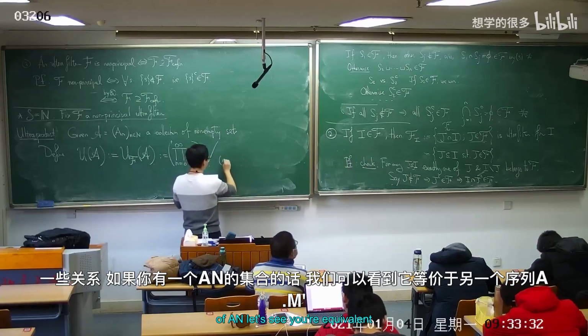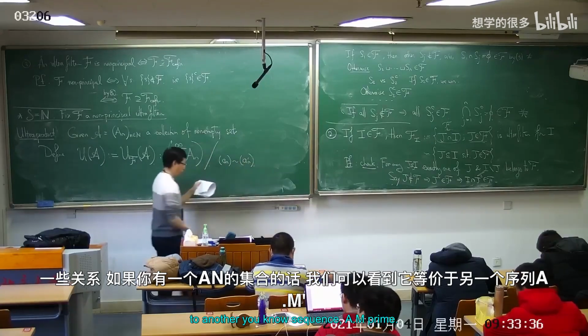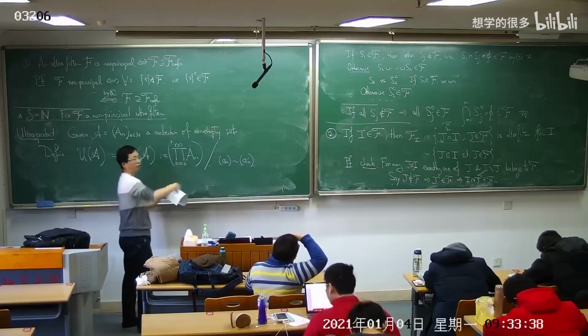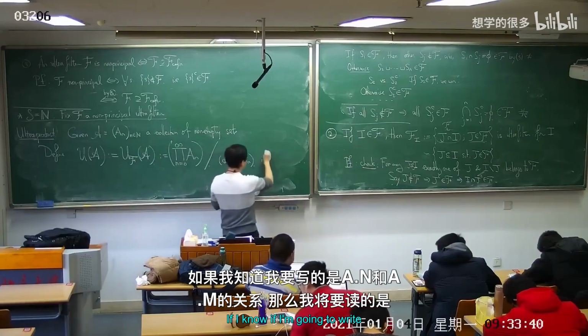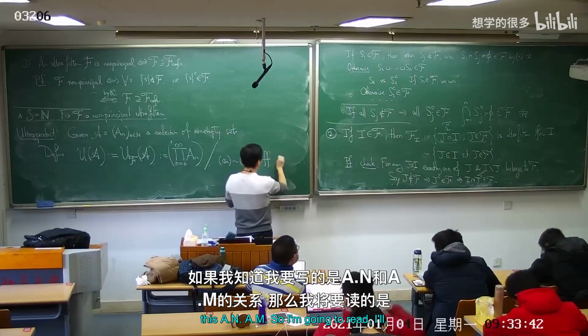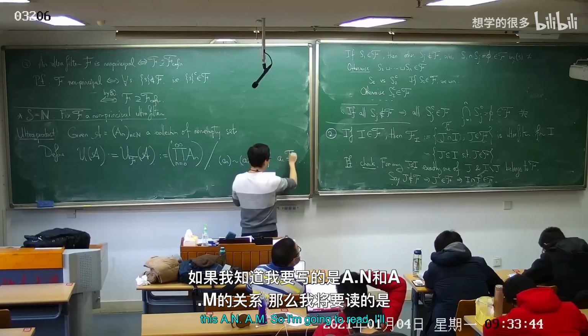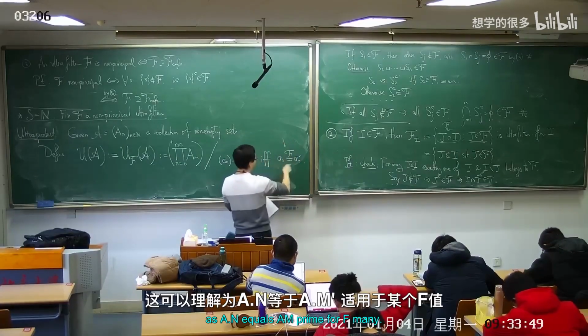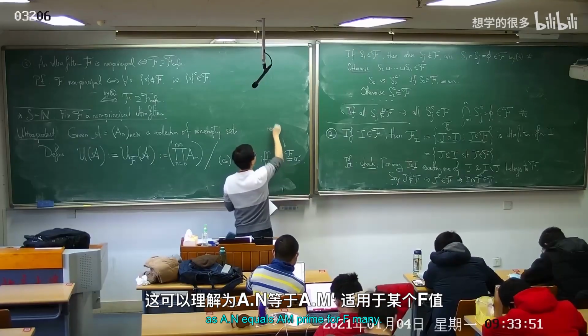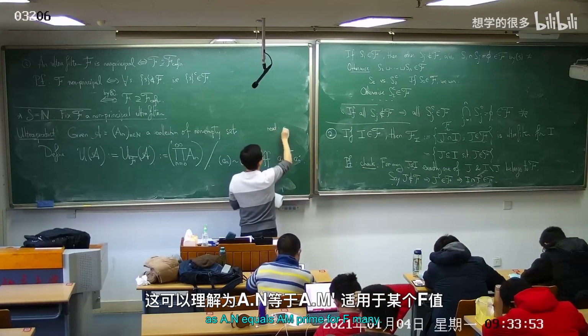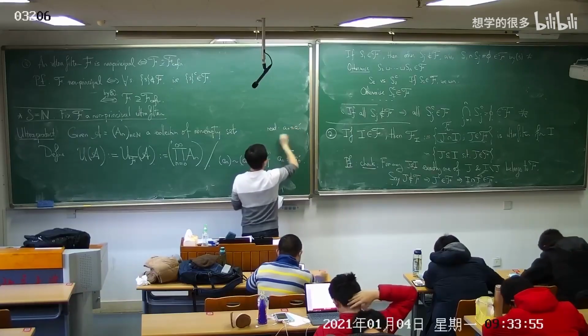If you have a sequence A_n, it's equivalent to another sequence A_n prime if and only if, I'm going to write it A_n ~_F A_n prime. I'll define what it means in a minute. I'm going to read this as A_n equals A_n prime for F-many n.